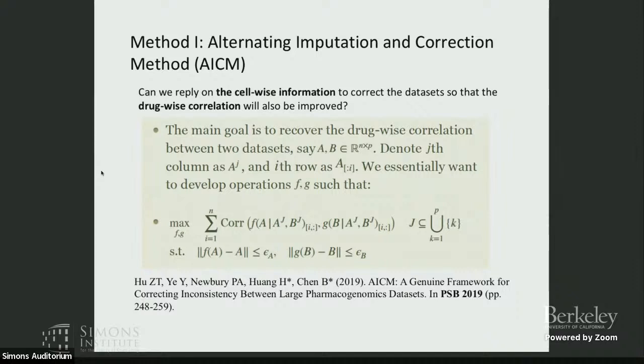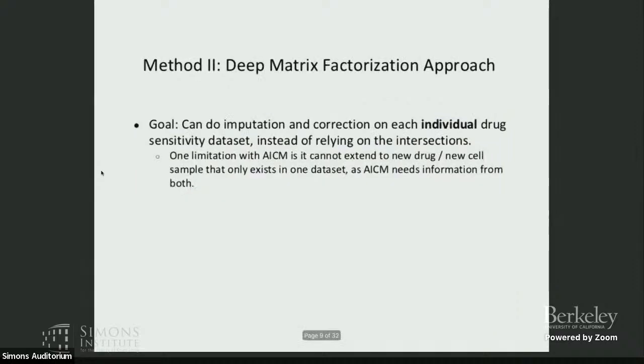But this method still has some weakness. First, it relies on the two data sets, and the two data sets must have a decent overlap regarding the cancer cell lines and also the drugs. But these days, a lot of studies have very focused diseases and very focused drugs. So we may not be able to find overlapping data sets in some cases.